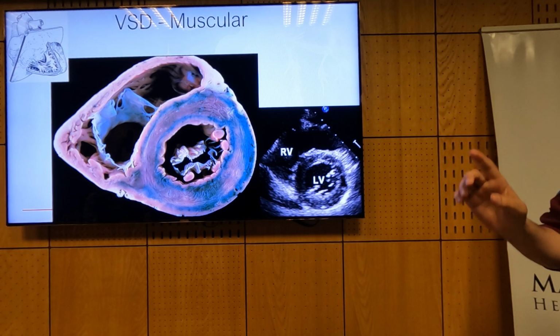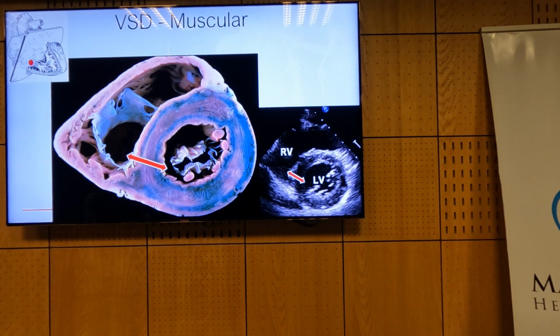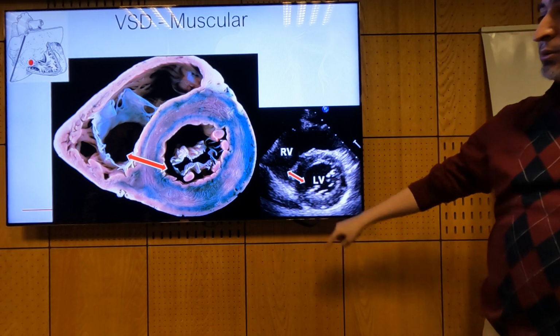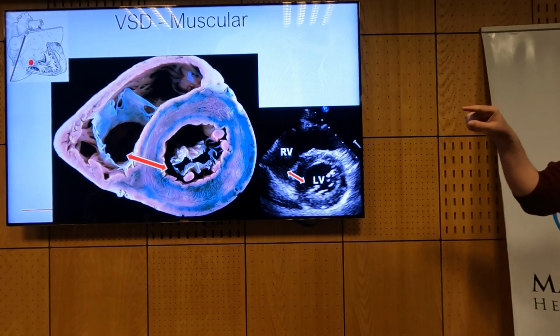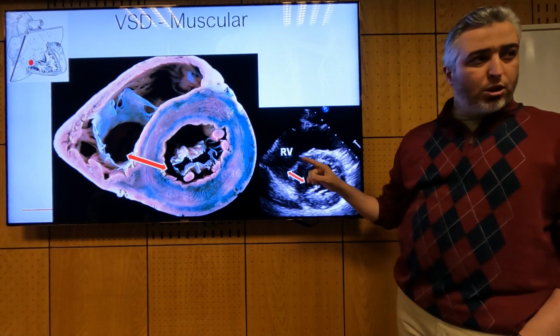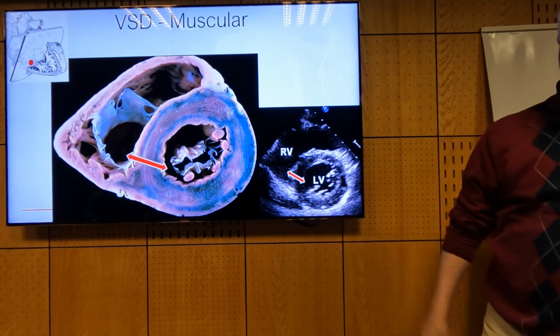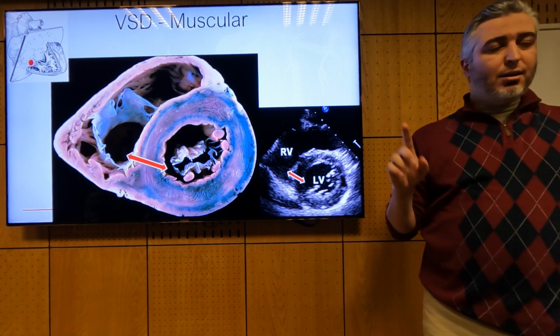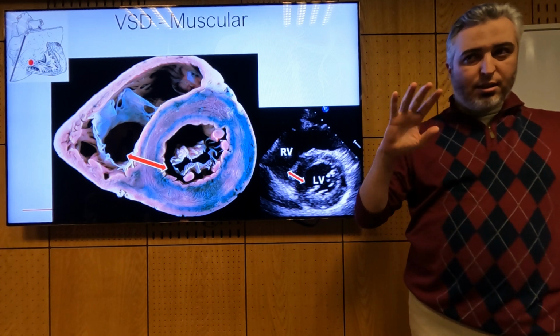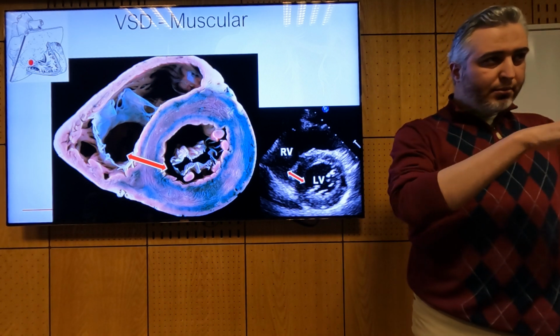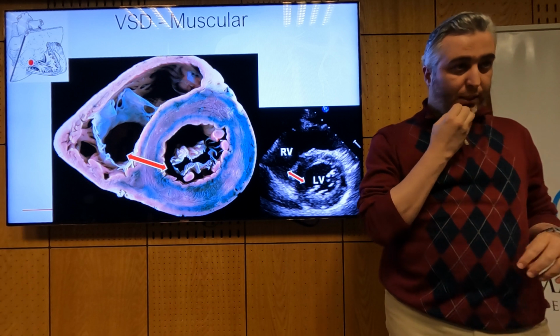So what if you have a VSD that is shown on echo here? For a surgeon looking through the tricuspid valve, where should he look for this VSD? Let me tell you, sometimes it is difficult to find VSDs because they can be hidden below the thick trabeculation of the right ventricle.